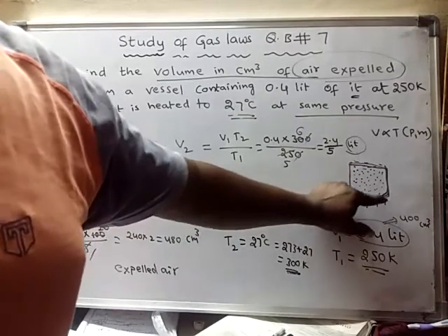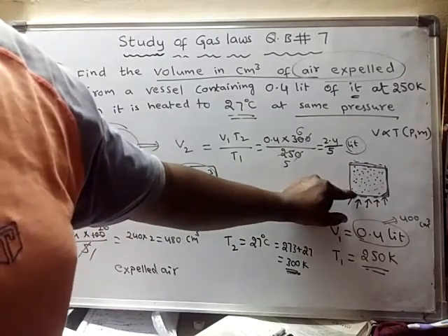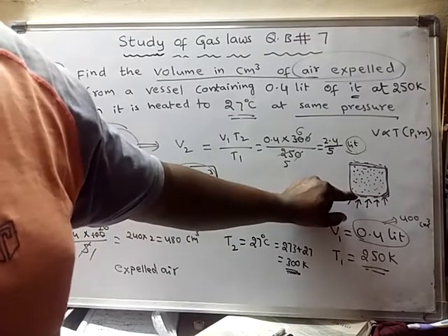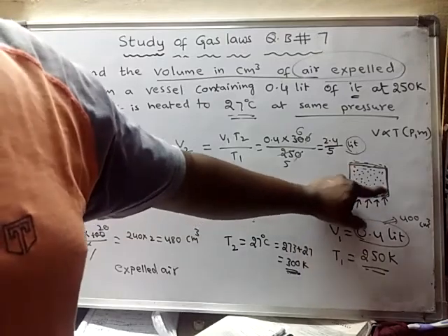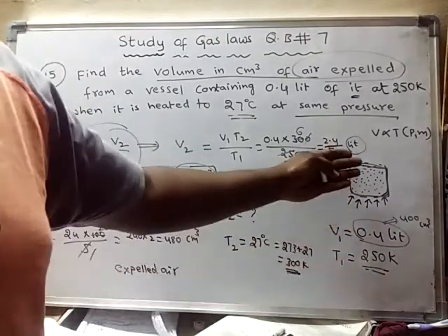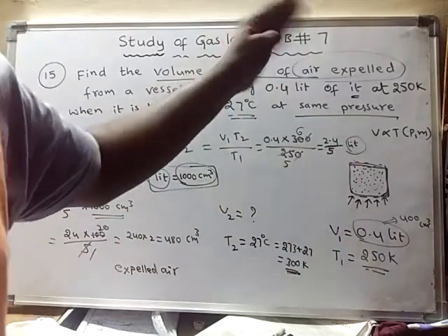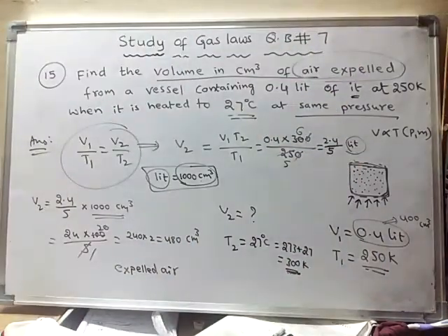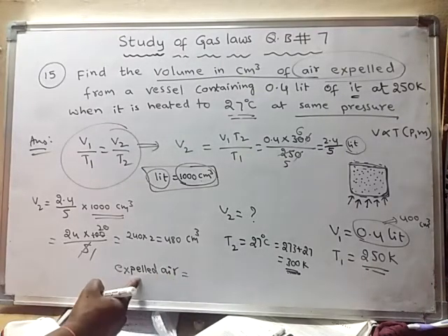So can it hold 480 centimeter cube of air in it? No, it cannot hold. It can hold up to 400 centimeter cube only. So the remaining 80 centimeter cube will be expelled out. It will be thrown out from the vessel, because that vessel cannot hold the remaining 80. So how much amount of air is expelled?